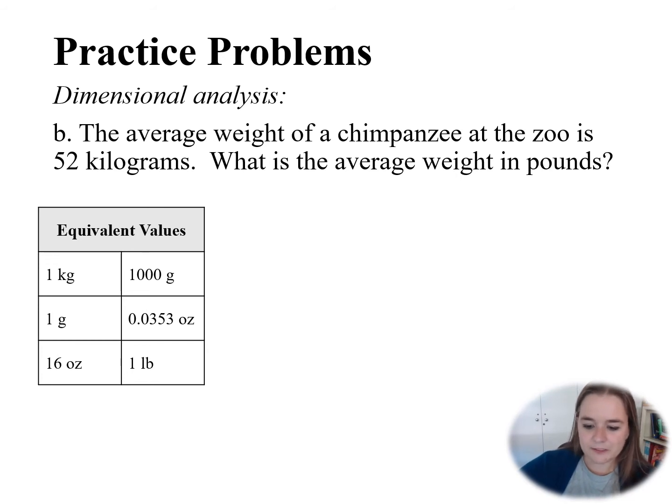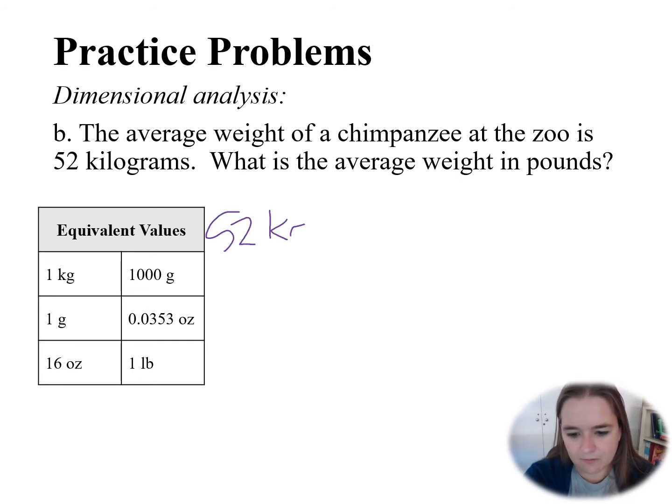I'm going to start with 52 kilograms. And I know that I want to end up with something in pounds. So the first place that I'm going to convert is I see 1 kilogram is equivalent to 1,000 grams. Well, anytime I multiply by a value of 1, my answer stays the same.